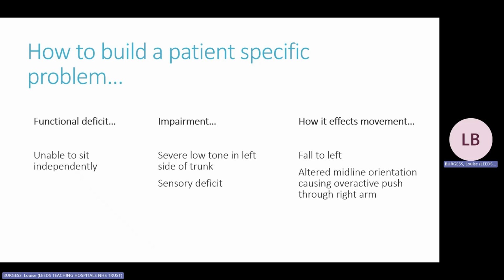It's not a primary deficit. You don't have an area in your brain that if it's damaged, it causes overactivity. Overactivity is a secondary complication of the way that our body is trying to compensate for deficits. It's just a very detrimental deficit compensation.